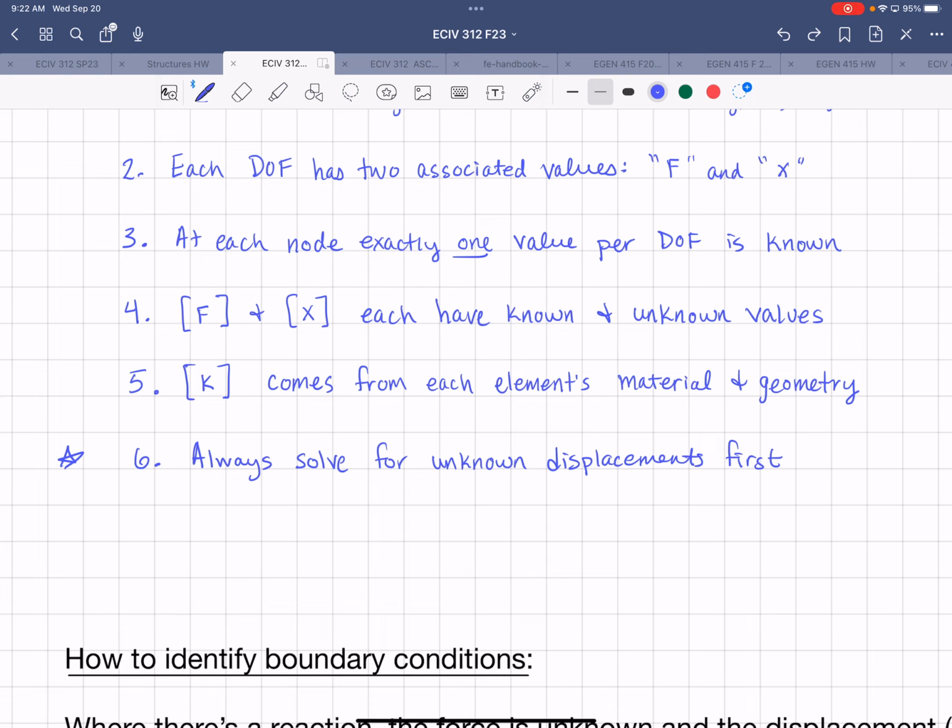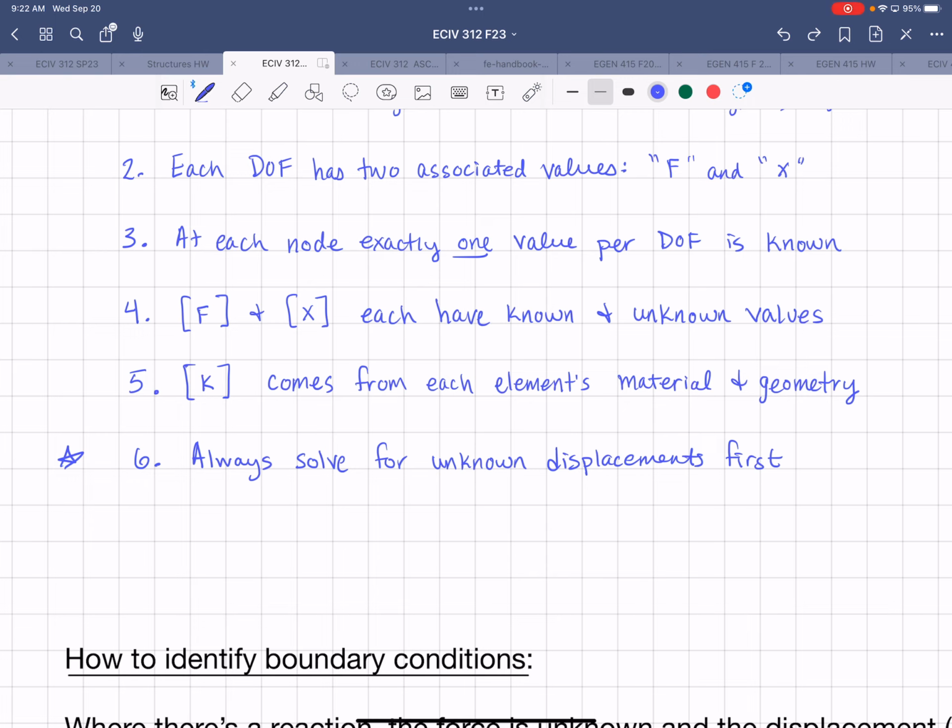But it's really important because, as you will see with these problems, it will often be tempting, especially when you have a determinate system, to use statics to solve for the reaction forces and treat those as known values. But that is not the correct approach, and it will mess up your whole analysis for the structure using the finite element method. So even if you can figure out the reaction forces in your head, and you will see problems like that, do not use them as known forces.